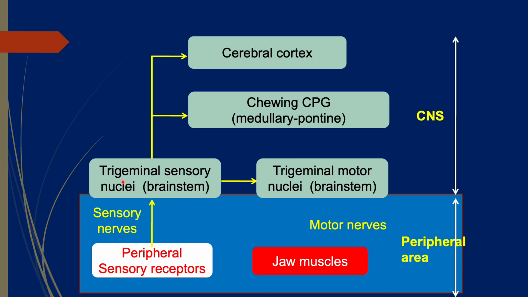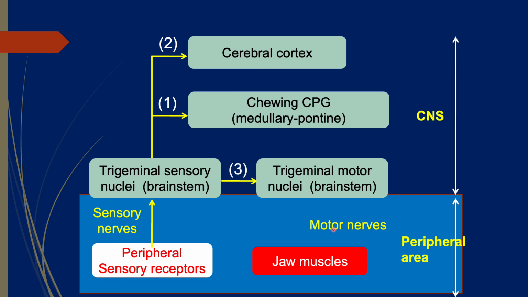After entering the brainstem, the first afferent neurons synapse with the second afferent nerves in the sensory nuclei of the fifth nerve. Then the second afferent nerves relay information to the higher centers, like the chewing center pattern generator in the medullary pontine region and the cerebral cortex, for interpretation and processing.